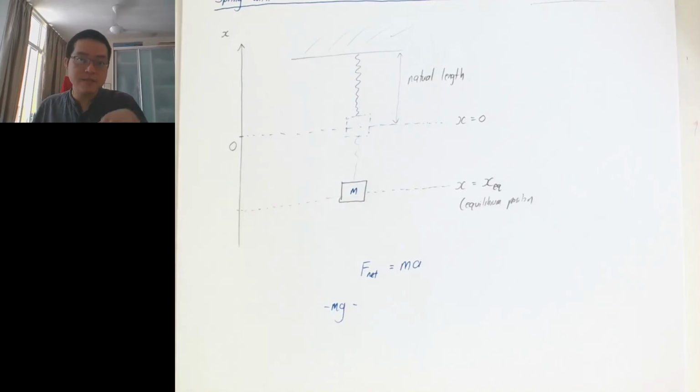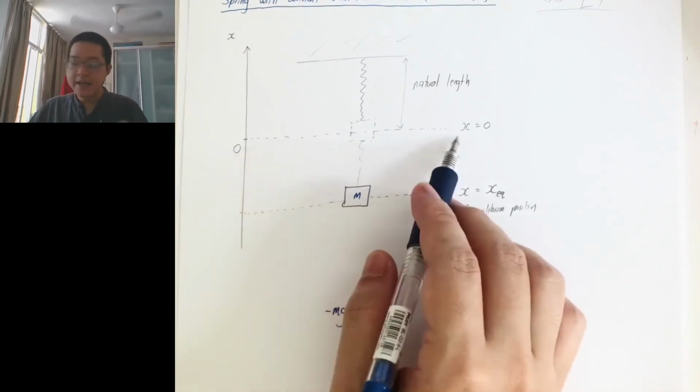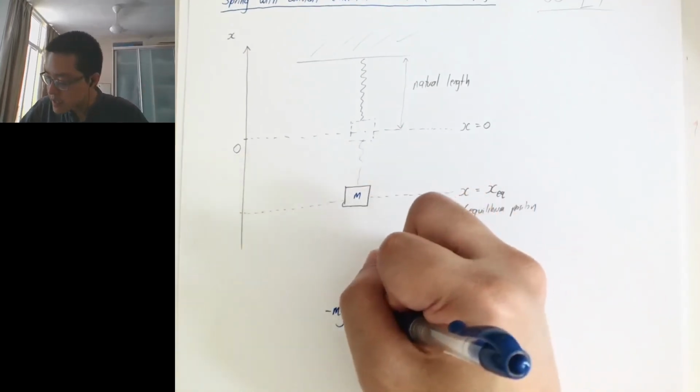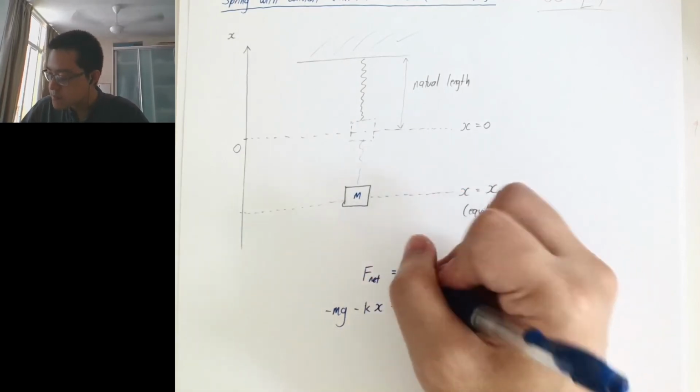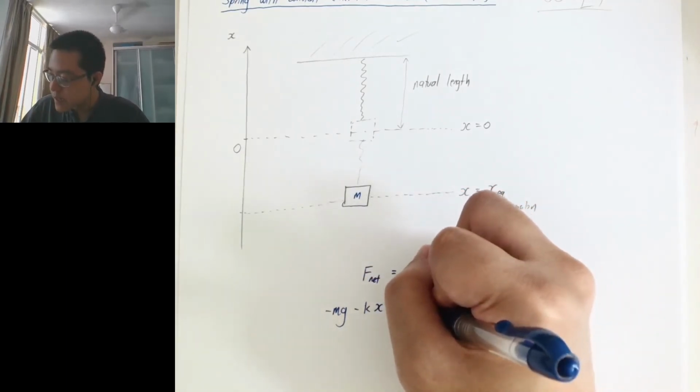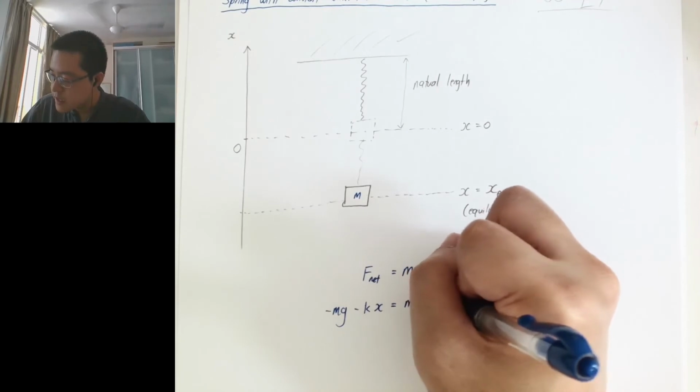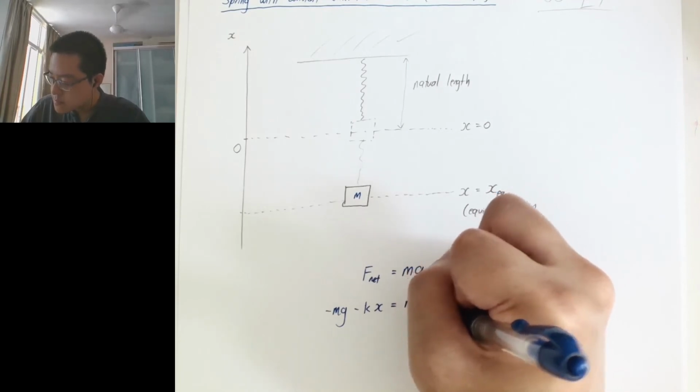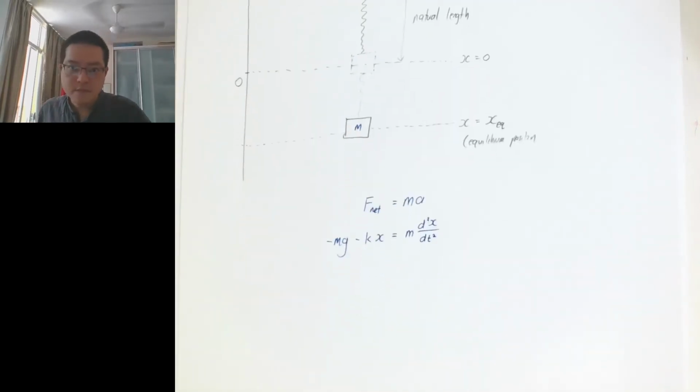The spring force is always negative from your equilibrium position, so it's negative kx. And then my acceleration is d²x/dt². Okay, so do you agree with this situation so far?